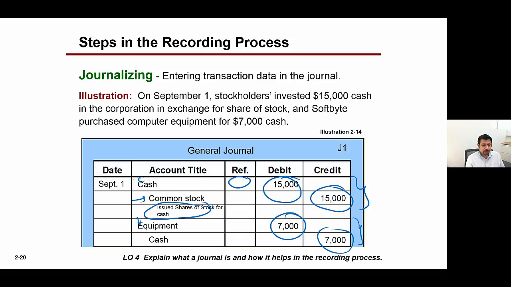The reason why we indent it is to show that this is the credit account. And finally we put the explanation. J1 here refers to the page of the journal. So when you talk about J1, this is the first page of the journal.